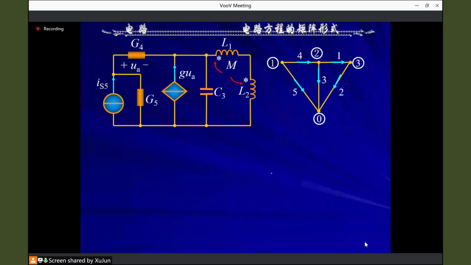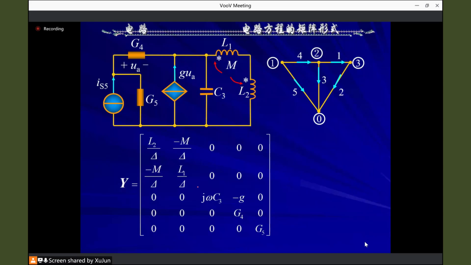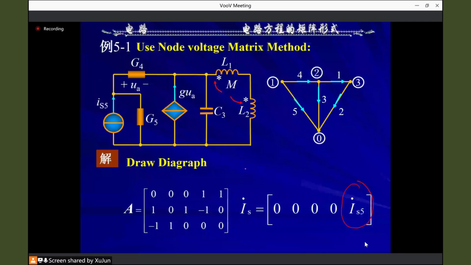The US will be 0. And then write the matrix Y.